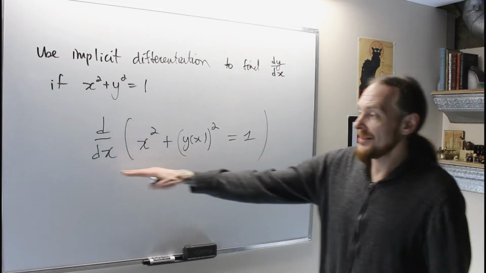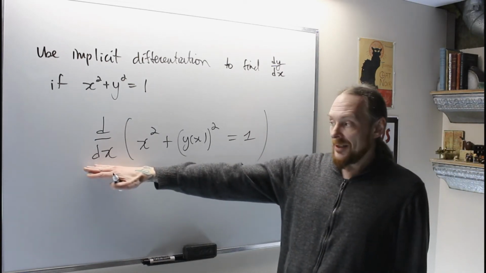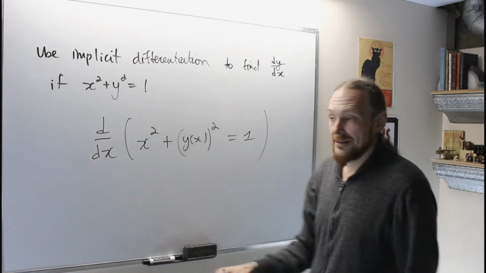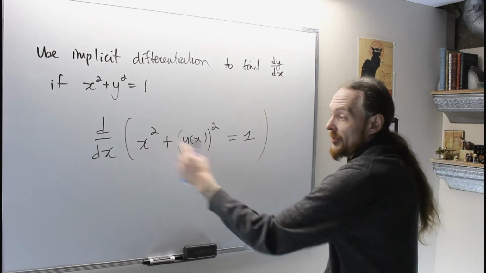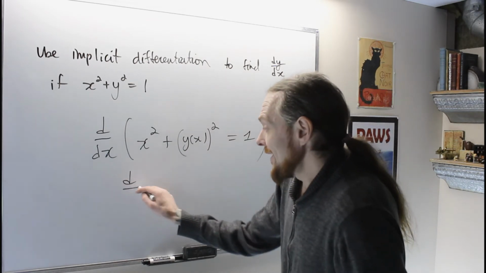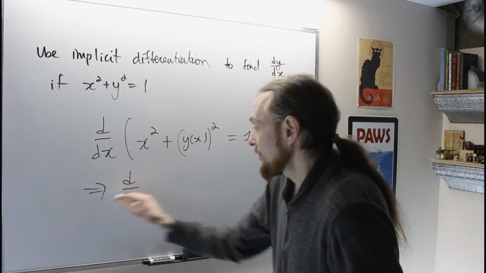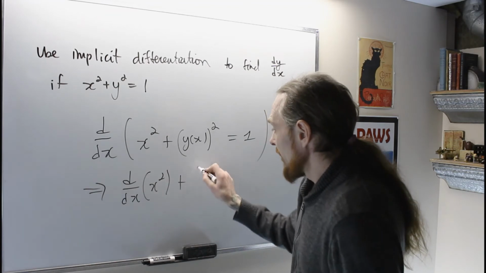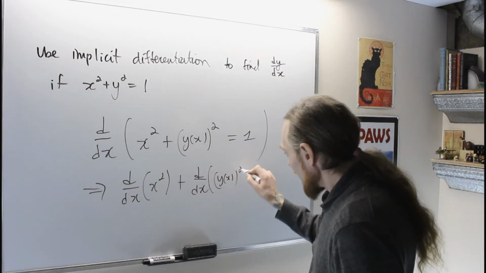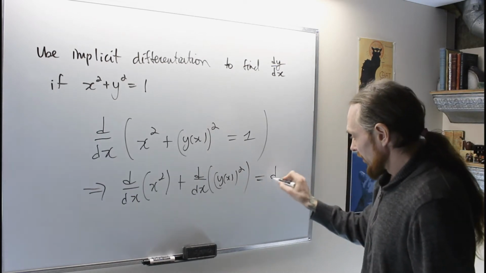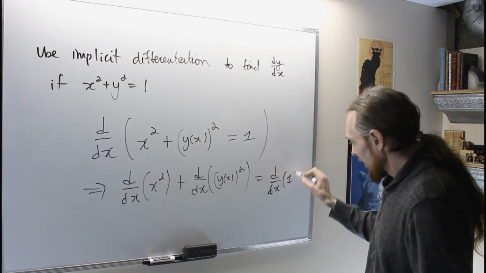So now we're implicitly differentiating this entire equation with respect to x. First I use linearity to distribute the differential onto all of the terms. So this is d/dx of x squared plus the derivative with respect to x of y of x squared, don't be lazy, equals the derivative with respect to x of 1.